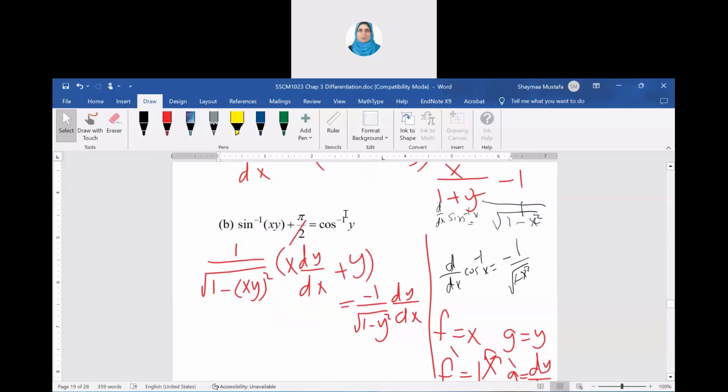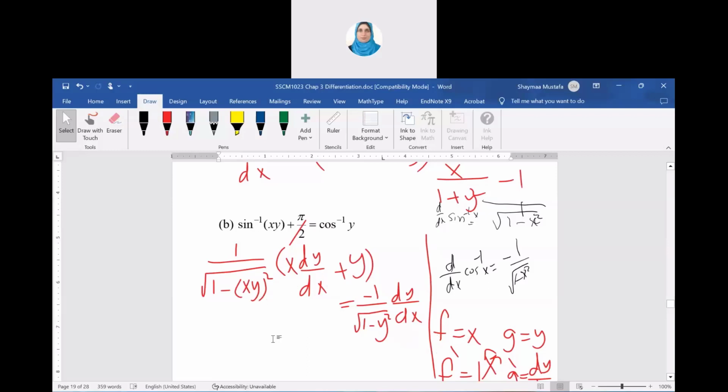The derivative for cos inverse is minus 1 over square root 1 minus y squared, and you have to multiply by dy over dx. The derivative for sine inverse xy is 1 over square root 1 minus xy squared multiplied by the derivative of the function inside, x dy over dx plus y, if you apply the multiplication rule.